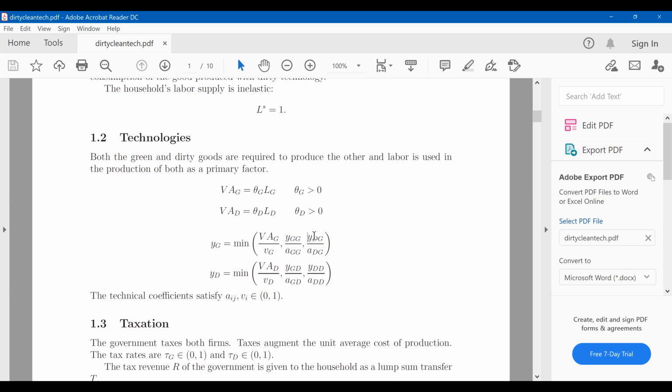And YDG is the amount of intermediate input used by the green firm, and this intermediate input is supplied by the dirty firm, right? And a similar thing is occurring here, of course, depending on the Leontief matrix coefficients, input-output matrix coefficients, right? So these A's, AGG, AGD, ADG, and ADD are the input-output or technical coefficients, and VG and VD are the constants that transform value added to output, okay?